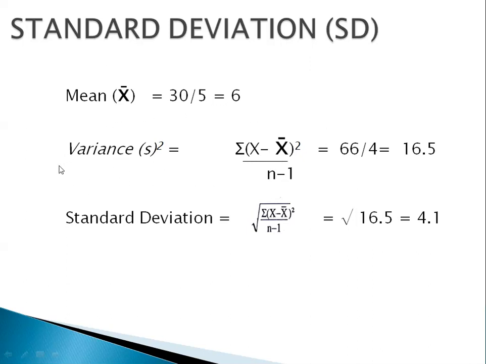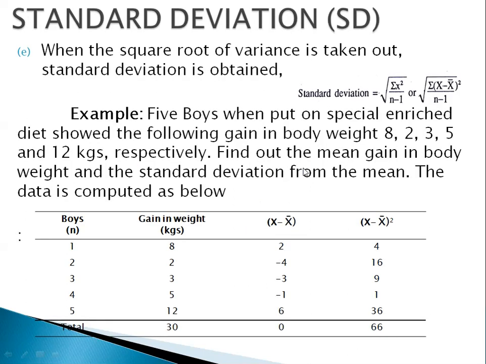Similarly, for calculation of variance, that is s square, it is the summation of (x minus x bar) square divided by n minus 1. How is this calculation to be done? See, x minus x bar, your x bar is 6, as we already calculated the mean.